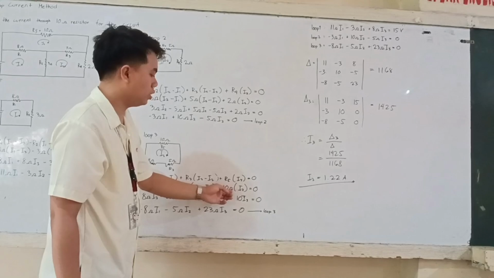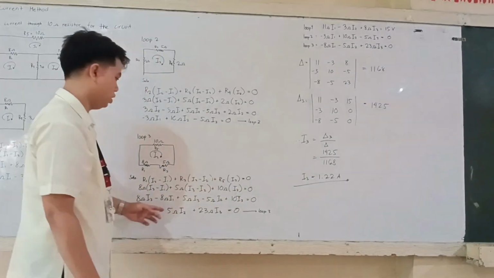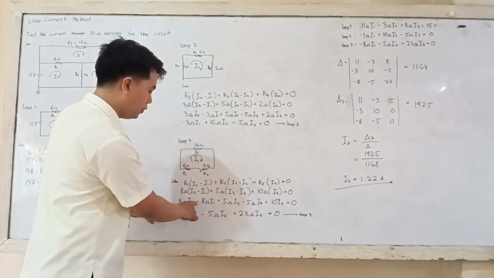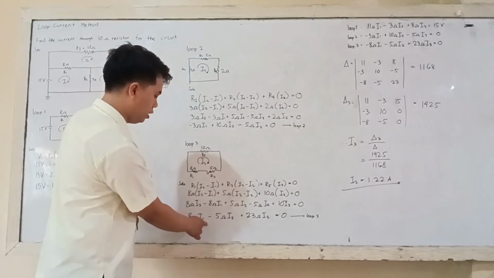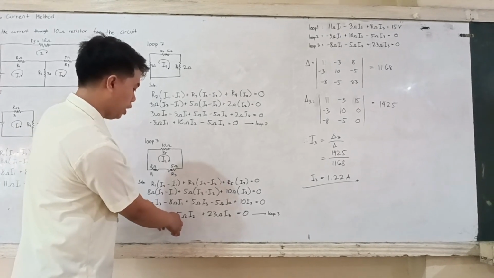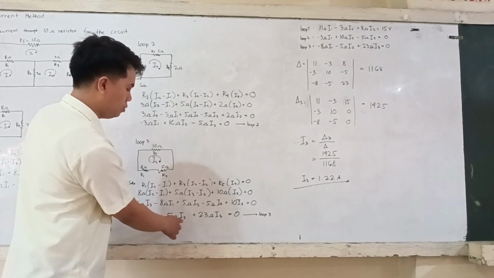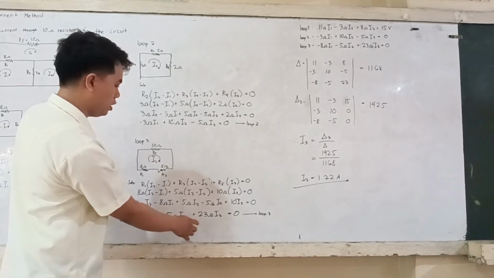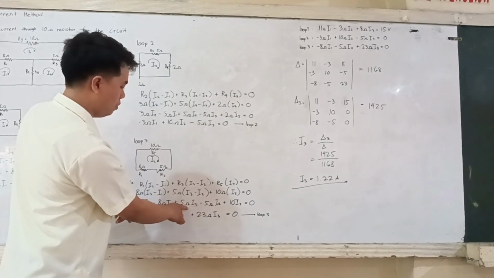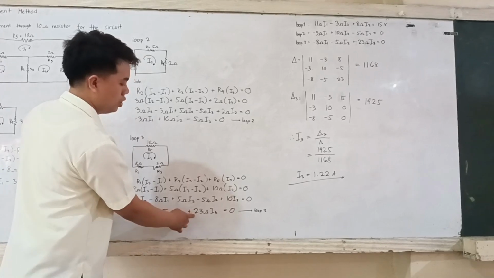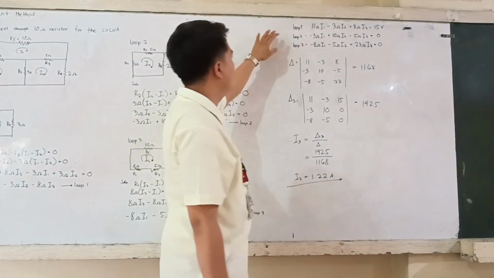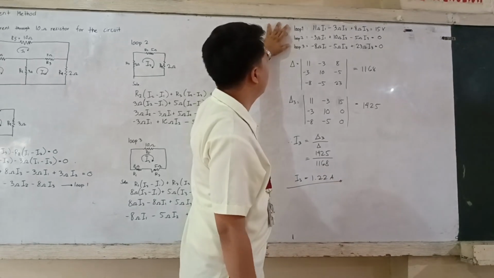Next, plus 10 ohms I3 is equal to 0. Next, combine like terms: negative 8 ohms I1, negative 5 ohms I2, and then this I3, 8 plus 5 plus 10, which gives us 23 ohms I3, is equal to 0.